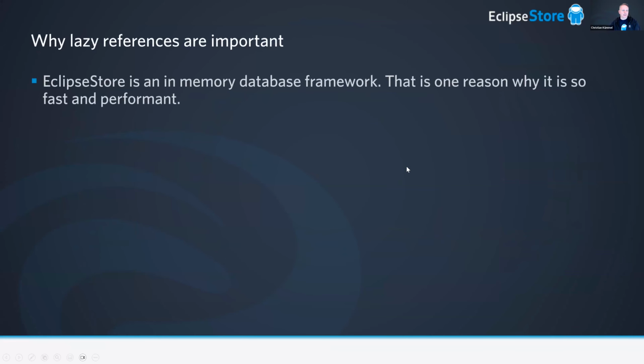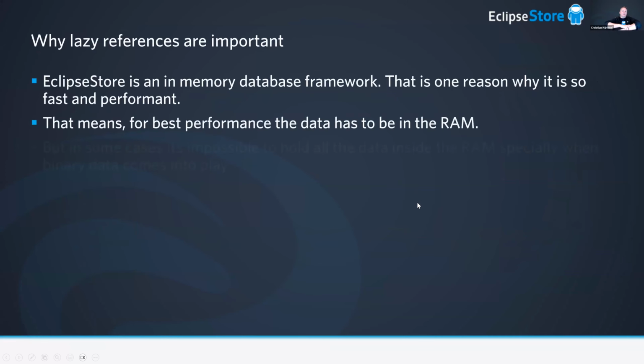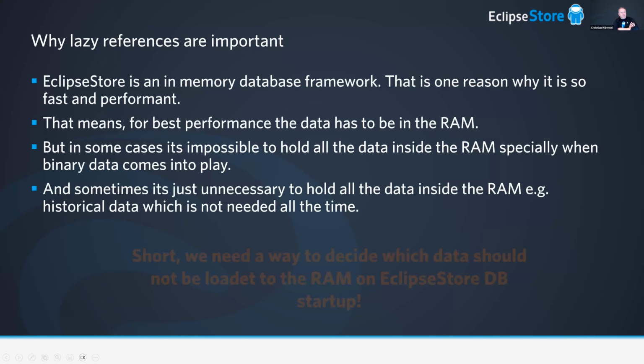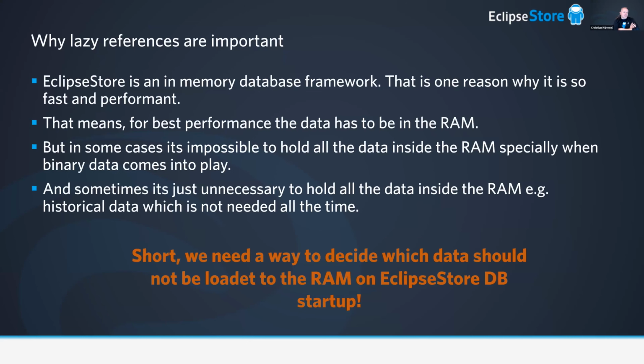Okay, I see. Why lazy references are basically important. As we said, EclipseStore is an in-memory database framework, and that is also the reason why it is that fast and performant. The best performance you get when the data is inside the RAM.